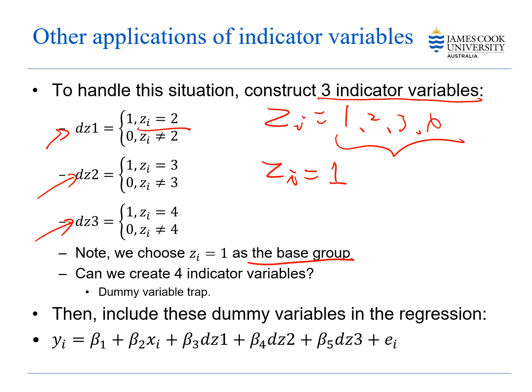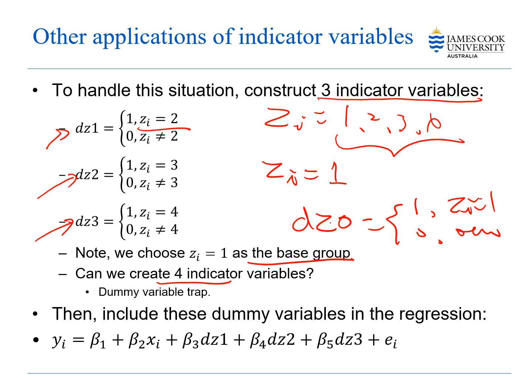Also, you might be tempted to create 4 dummy variables. Let's say dz0 is equal to 1 if Zi is equal to 1, 0 otherwise, and include dz0, dz1, dz2, dz3 in the regression model. Now you are going to end up with perfect multicollinearity because these 4 variables sum up exactly to 1.